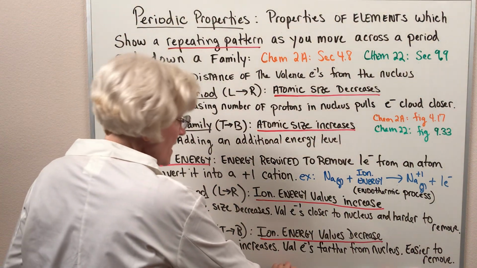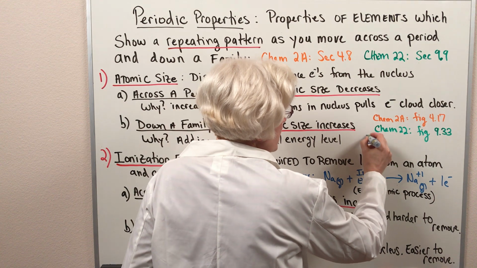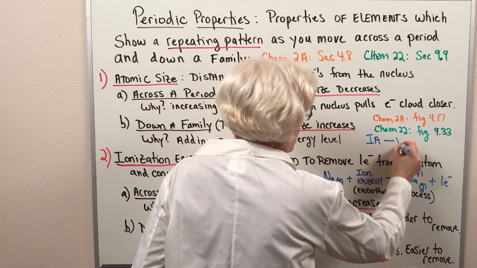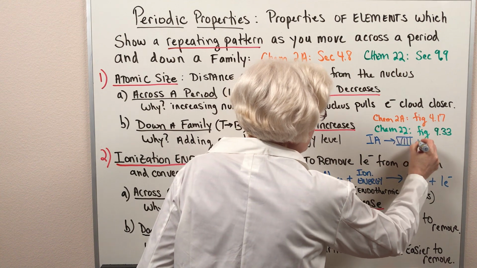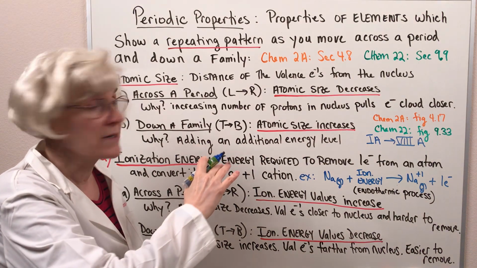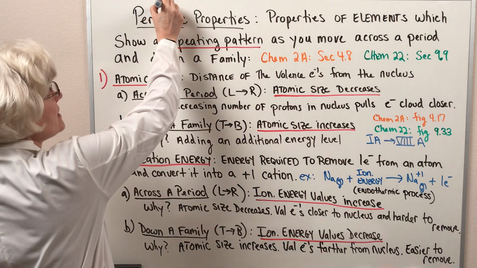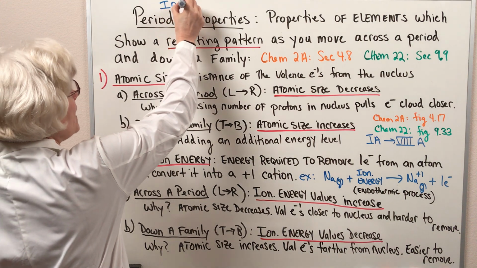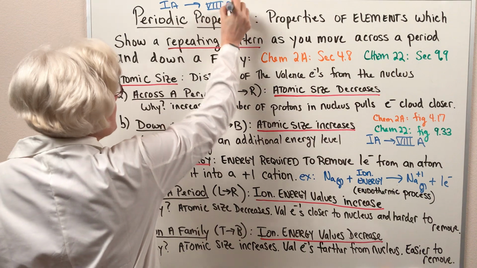And I should state here that we are talking about families 1A through 8A. So these are the representative families. We are not including the transition metals in this discussion, but talking about the representative families 1A through 8A.